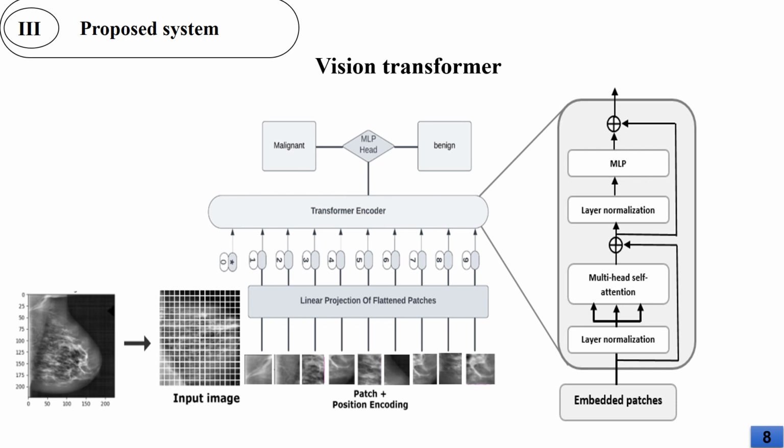In the process outlined in the figure, we first resize the original image to 224 by 224 pixels, matching the pre-trained vision transformer requirements. These resized images are subsequently divided into smaller patches, each measuring 14 by 14 pixels, resulting in 256 patches for each image.